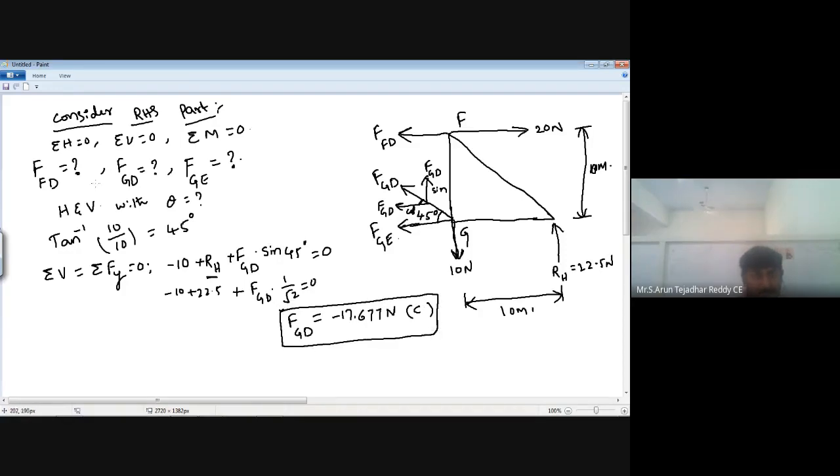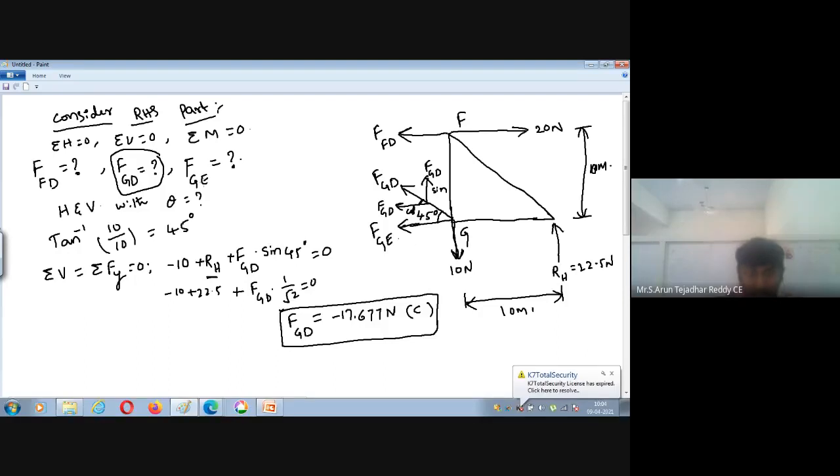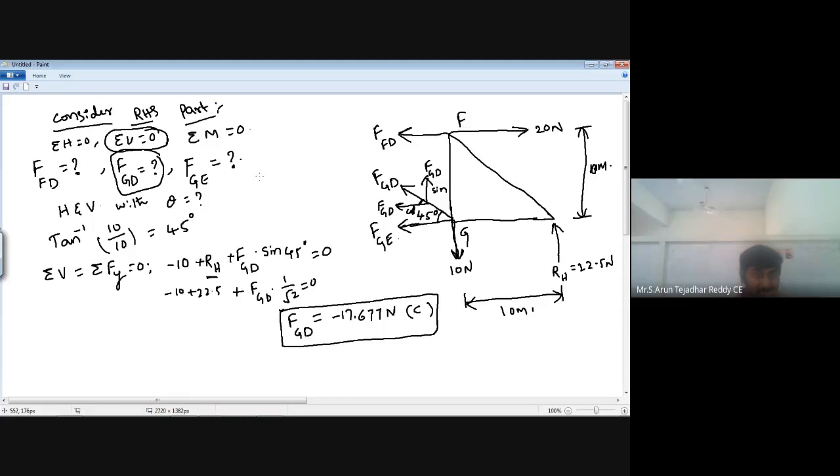So here FGD or else FDG is completed. Next, the other unknowns are FFD and FGE. Next apply another equilibrium equation. Sigma V is also completed. Next take any other equilibrium equation, then we can find the other two unknowns.